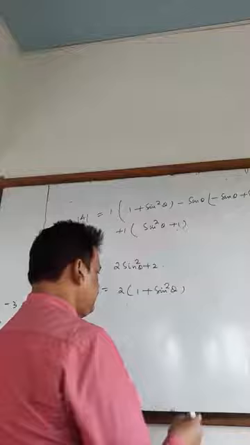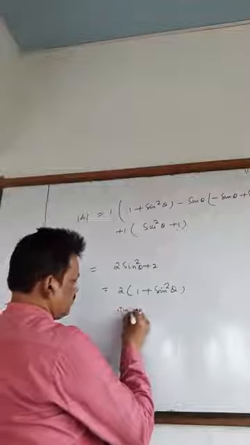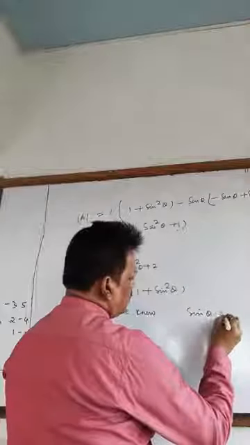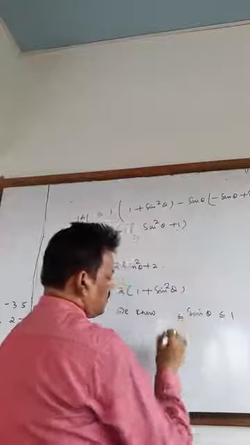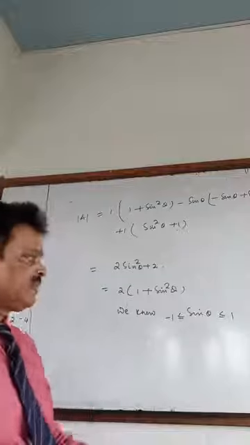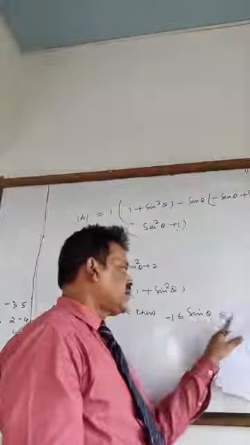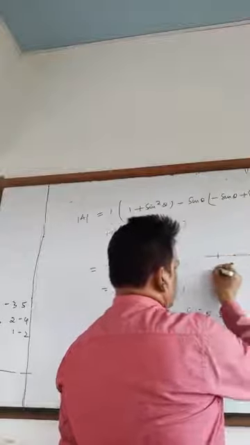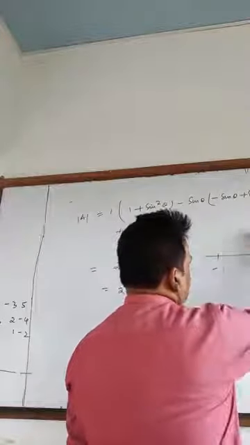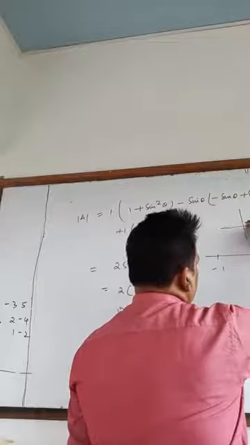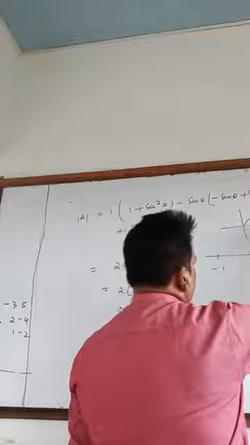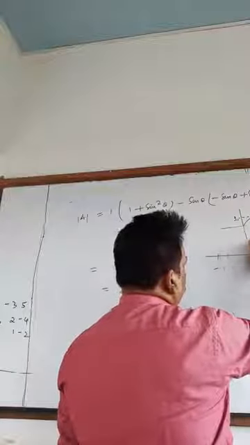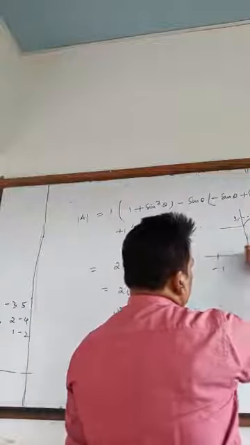So we know sin theta lies between plus 1 and minus 1. If you have not forgotten, this is your sine graph. The maximum value is 1, minimum value is minus 1.